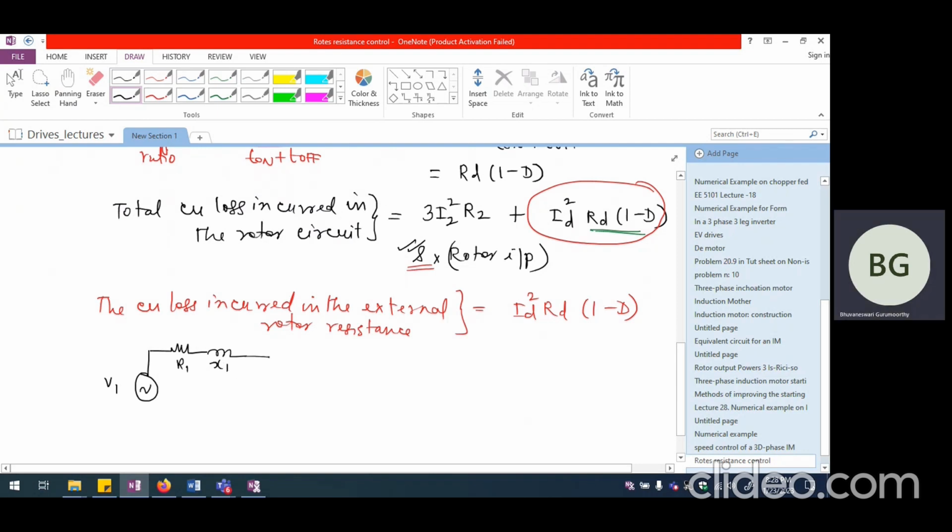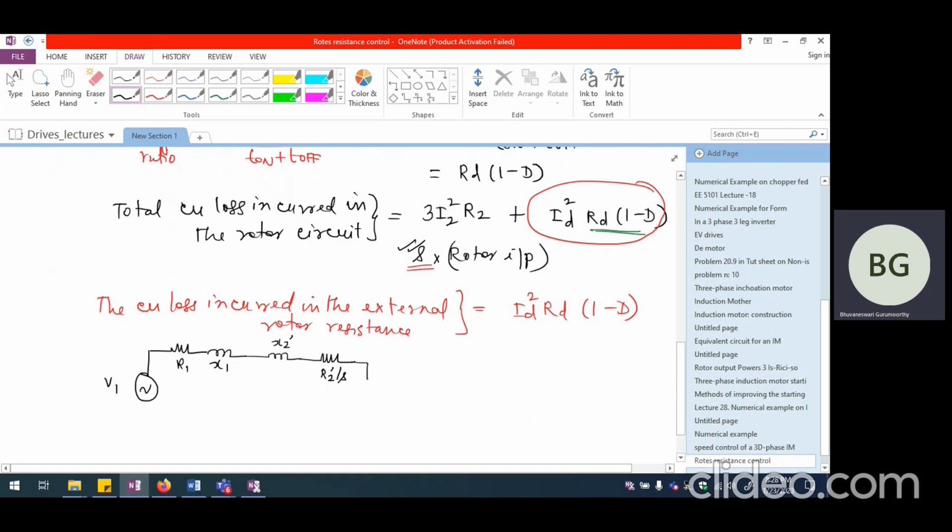Now, I will definitely have X2 dash, which is the rotor leakage reactance as well, and R2 dash divided by S, which is the inherent rotor resistance visualized from the stator side, and the mechanical power is also now incorporated into this.